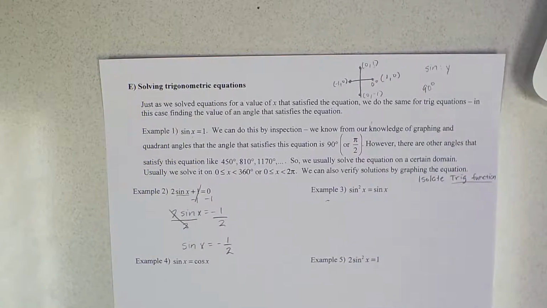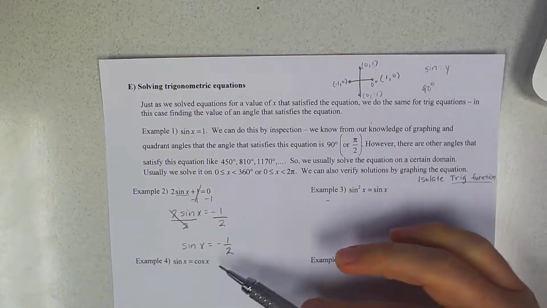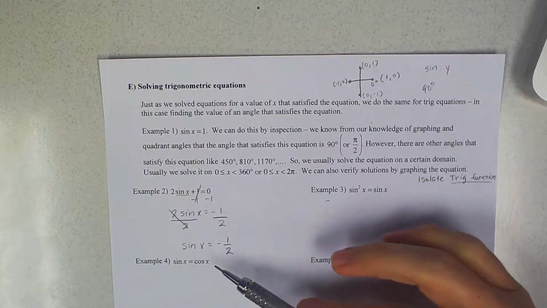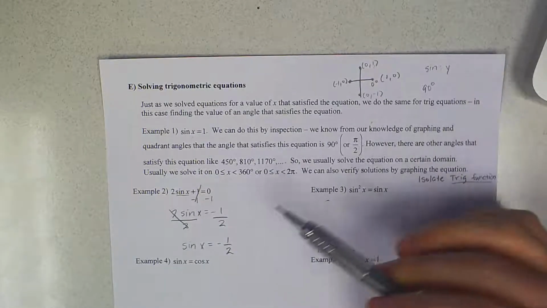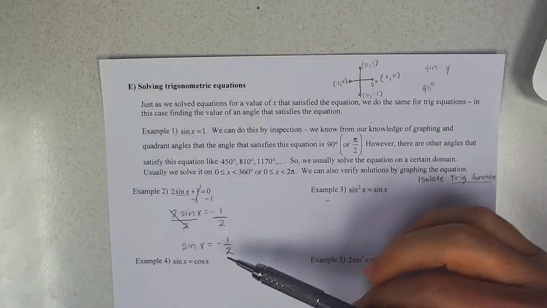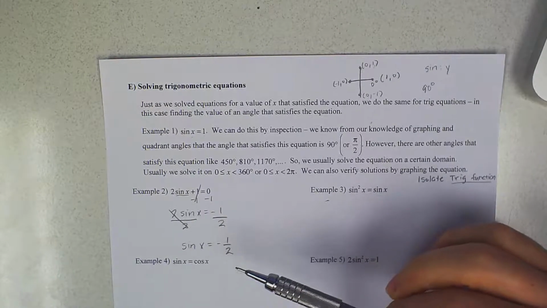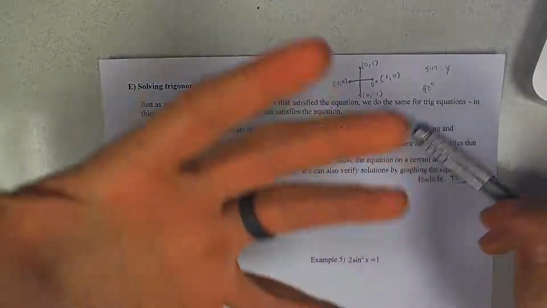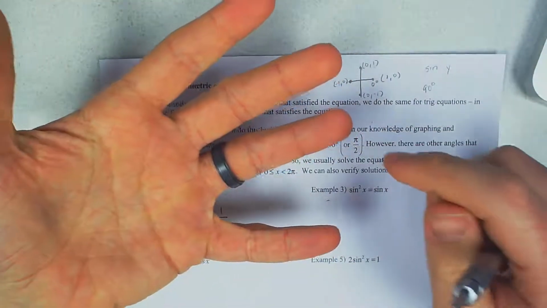Now this is where you're going to have to do this by inspection, by looking at this and thinking about it. If sine is the y coordinate, what angle has a y coordinate of -1/2? Well, if you think about the hand trick, we're talking about the y coordinate.